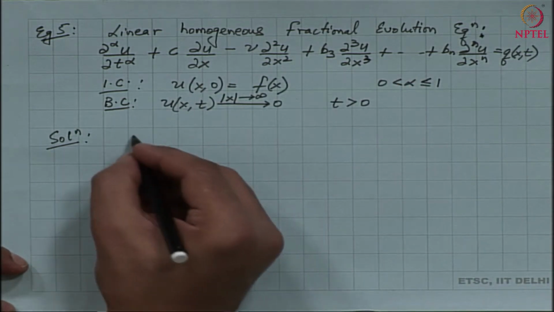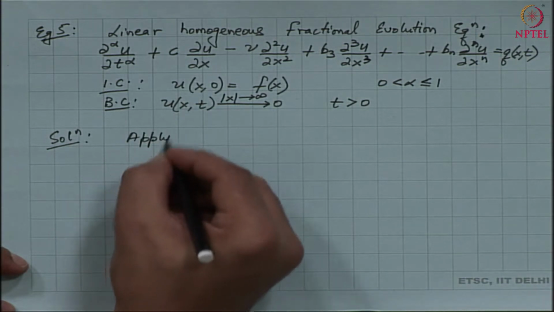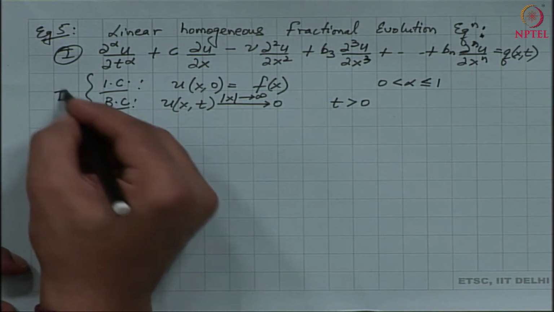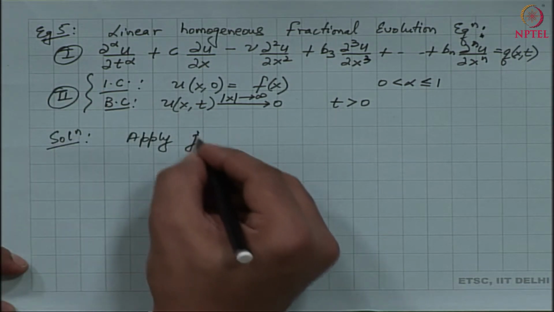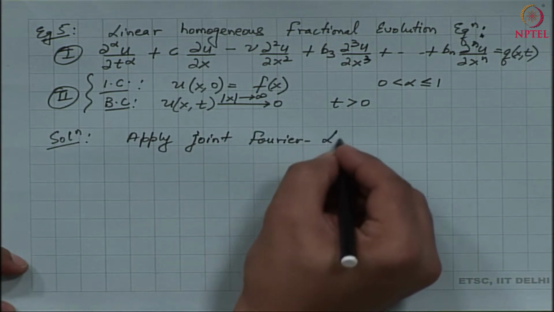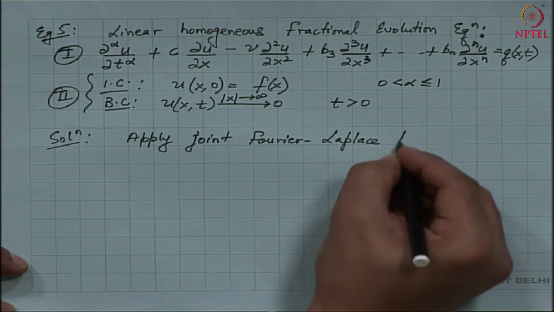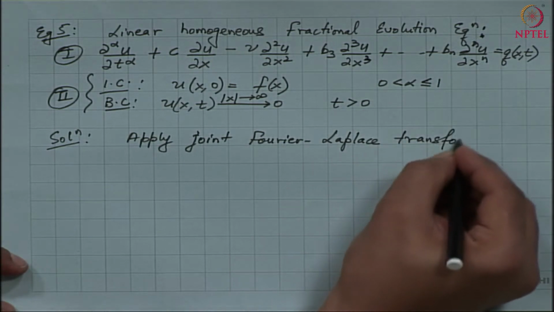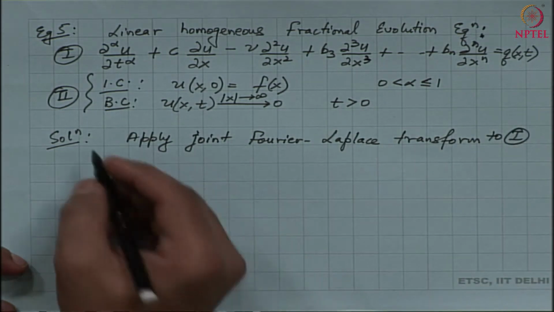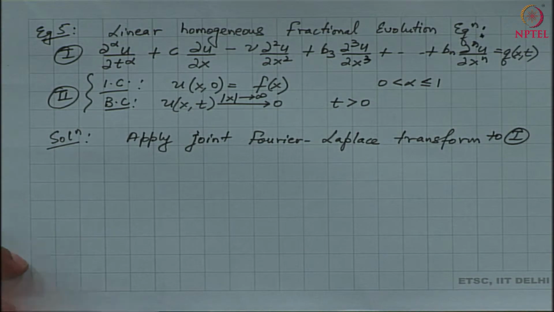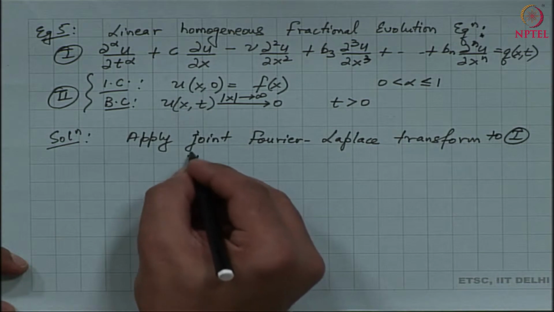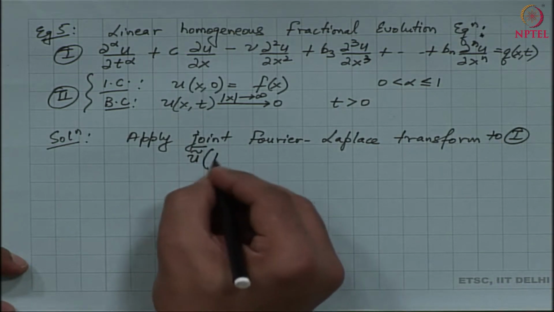Let me start by right away applying, let me call this my expression 1 and these conditions as my 2, my joint Fourier Laplace transform. So, let us apply the joint Fourier Laplace transform to 1, and I see that after all the simplification I am going to get the following expression for the joint Fourier Laplace solution in the transformed plane.